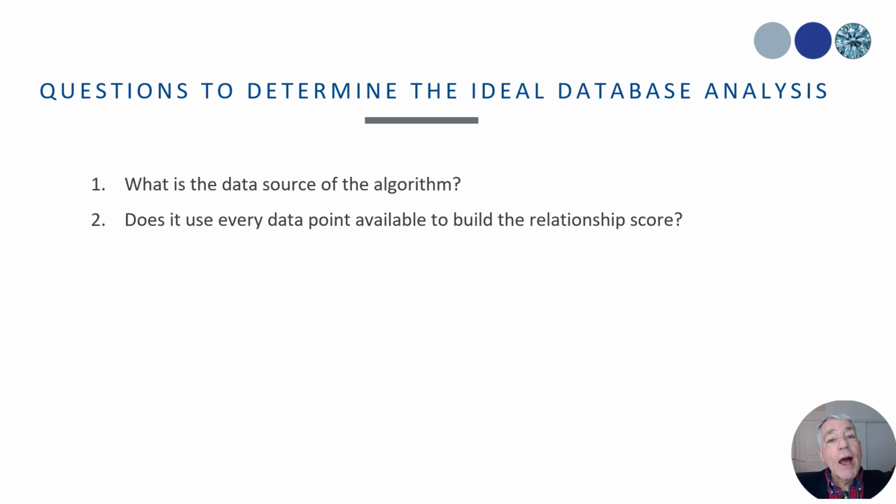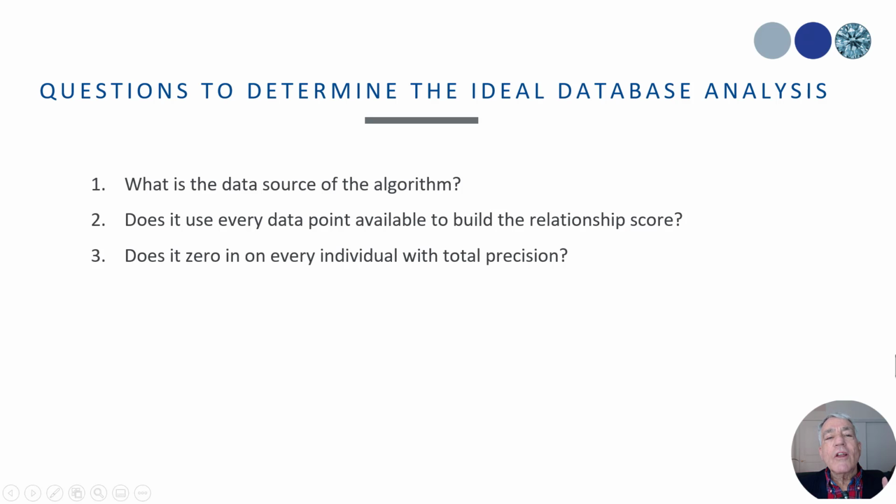Another question to ask when valuing database analysis is, does it use every data point? Absolutely every one. Does it then zero in on every individual with total precision? There are some database analyses that use things like census information that do not go down to the individual level.